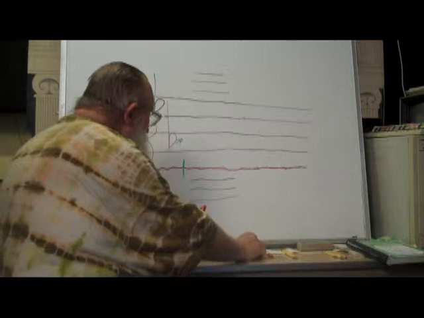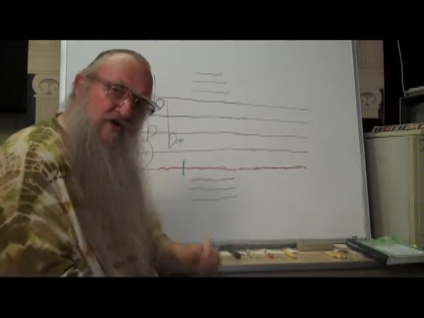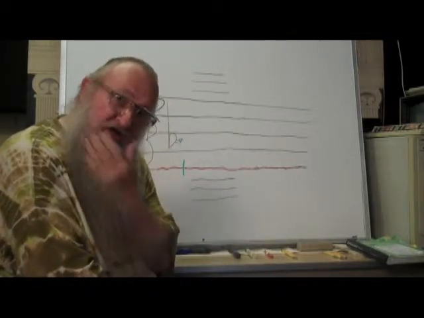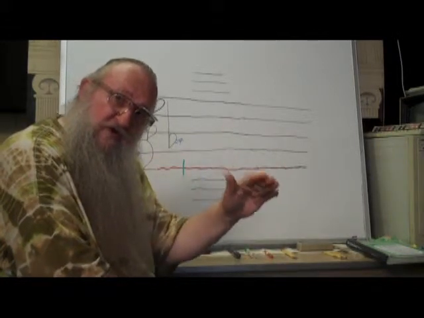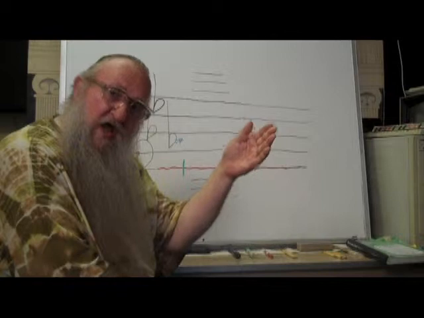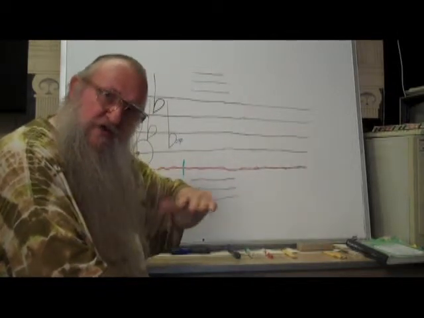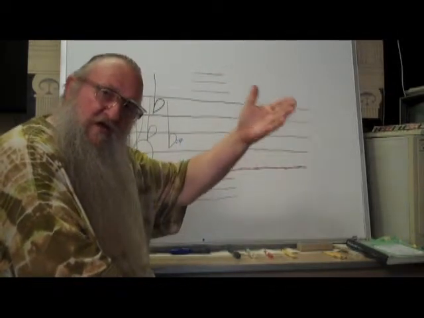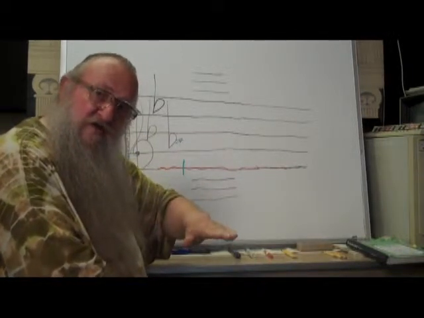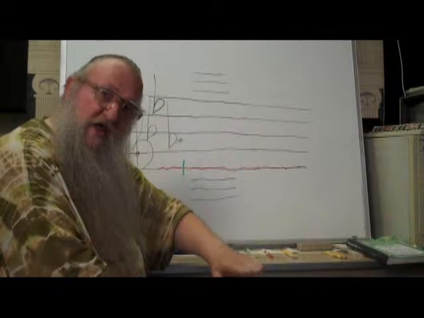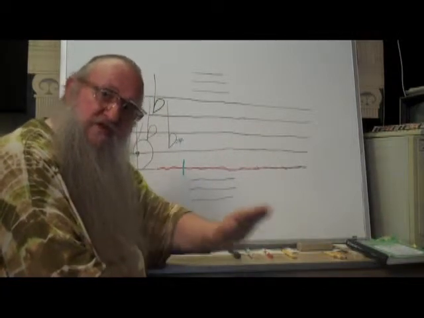Now let's go and take that little circle that I demonstrated in the last video, which is 1, 3, 5, 7, 2, 4, 6, 1, 3, 5, 7, 2, 4, 6, 1, and rotate it backwards, going from 1. The next line down would be 6, the next line would be 4, the next line would be 2, the next line would be 7, 5.